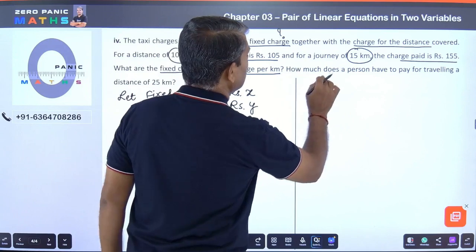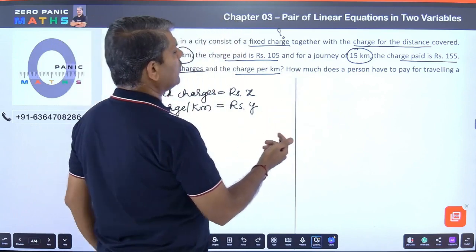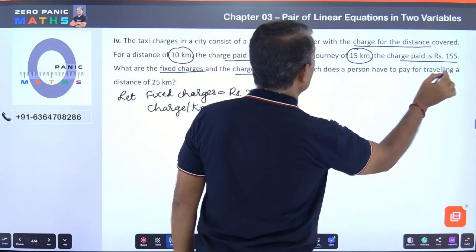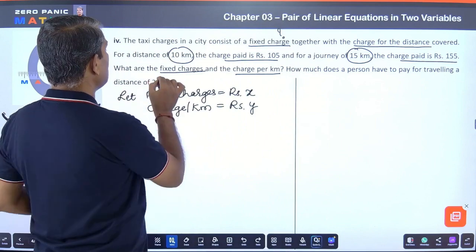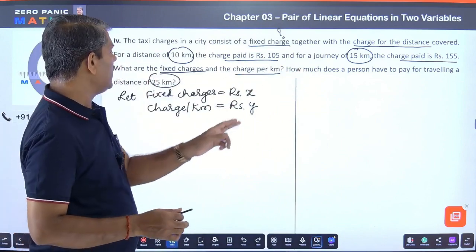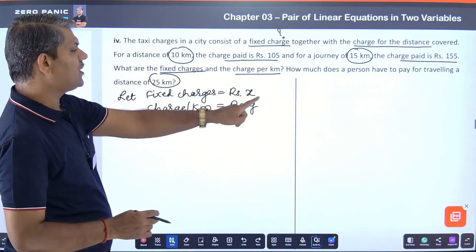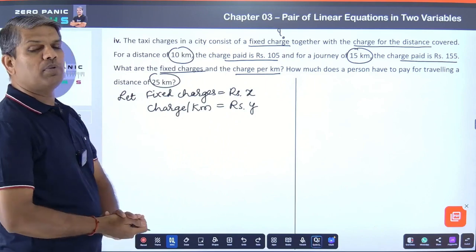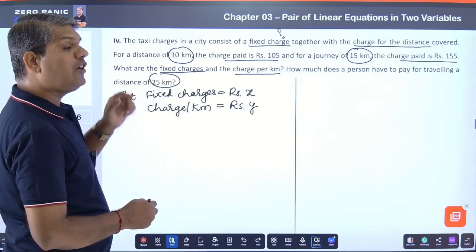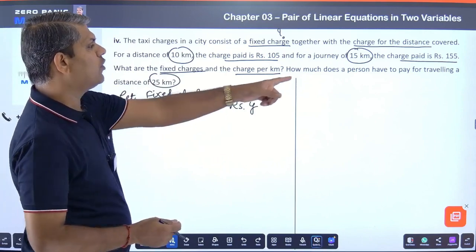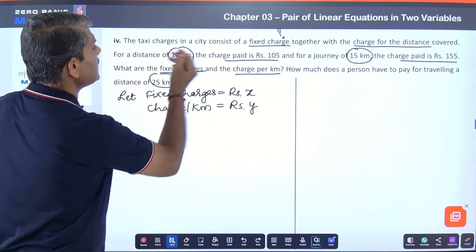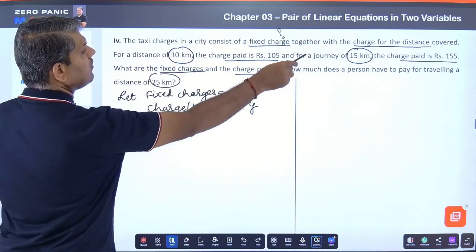Now there is one more question related to this, that how much does a person have to pay for traveling a distance of 25 kilometer? So let us look at that problem later. First of all, let us find what is fixed charge and what is charge per kilometer. Based on that we can find out for traveling 25 kilometer how much that person should be paying.